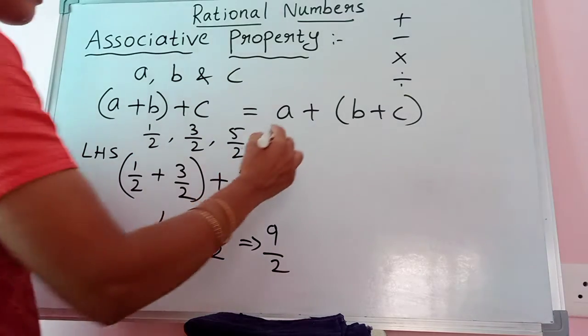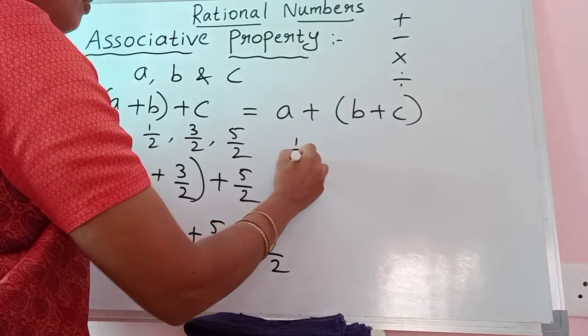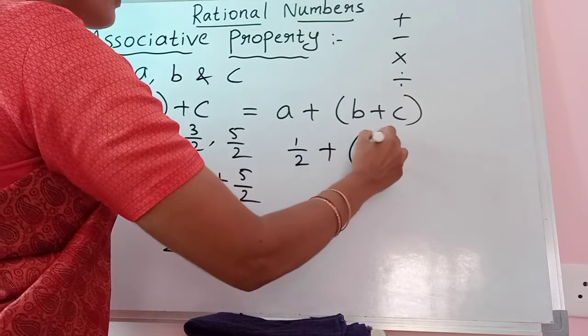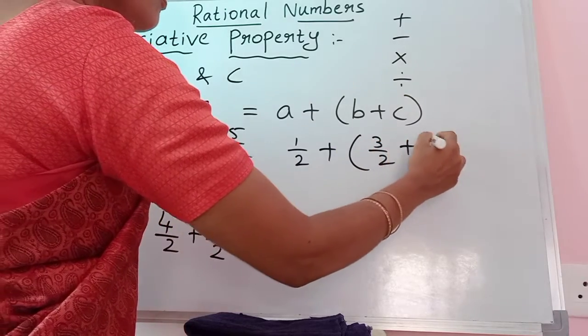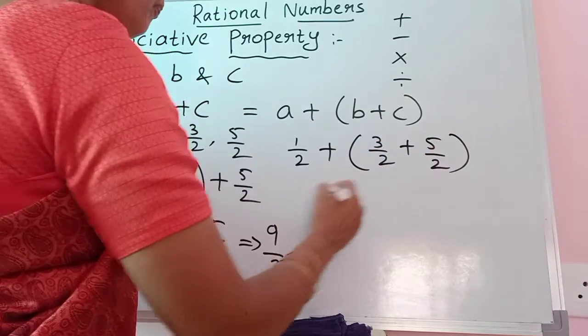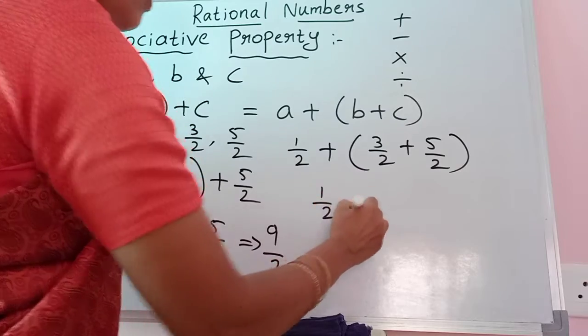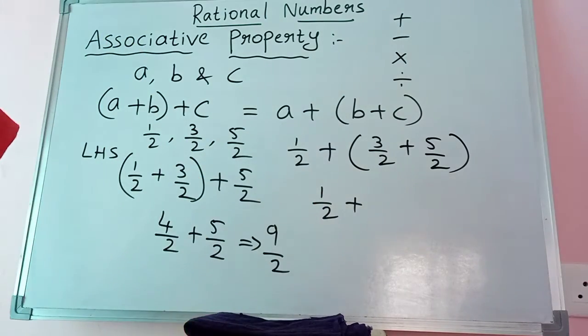Now the right side, we will see what we get. Here a is 1/2 and b plus c is 3/2 plus 5/2. That is 1/2 plus (3 plus 5)/2.